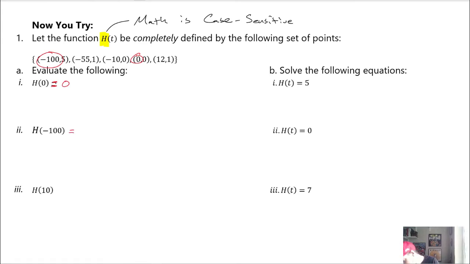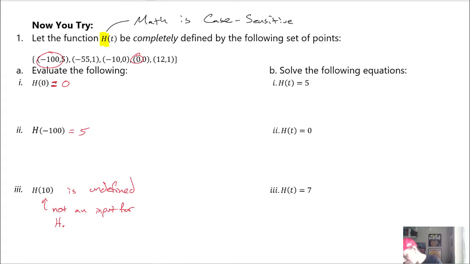That's the first point, with an input of negative 100, and we see that the function capital H outputs the value 5. And then we have capital H of 10, but 10 is not an input for capital H. Capital H is not defined with that as a possible input. So we can say that capital H of 10 is undefined.